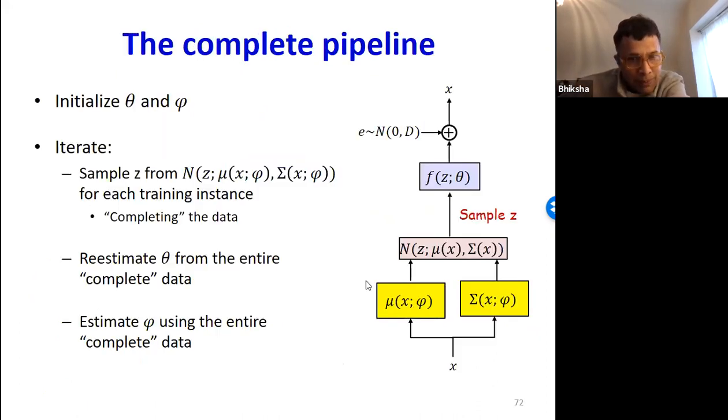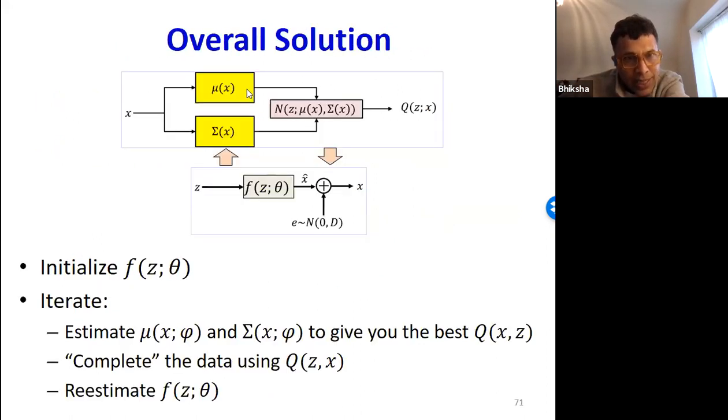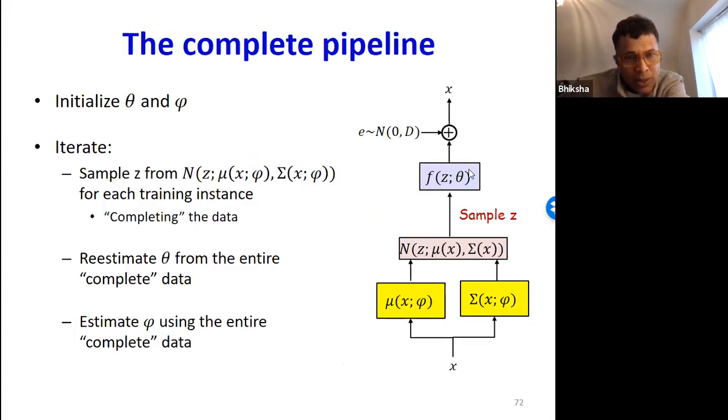So here's the complete pipeline. These functions must be learned because these are approximators. I'm going to initialize the parameters of my nonlinear transform from Z to X. I'm also going to initialize the parameters of the function that estimates the best approximation to p of z given x. Then I'm going to sample from this Gaussian, which is my approximation to the posterior probability of Z given X. These samples will complete my data.